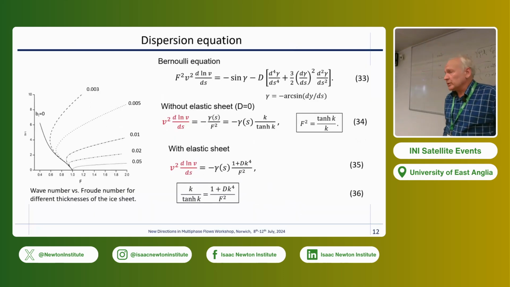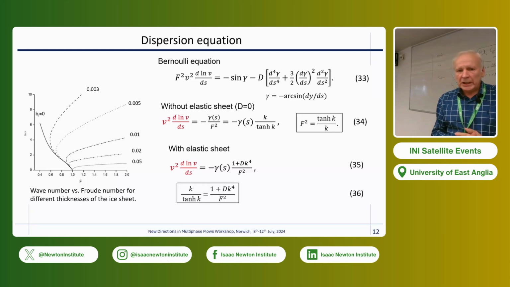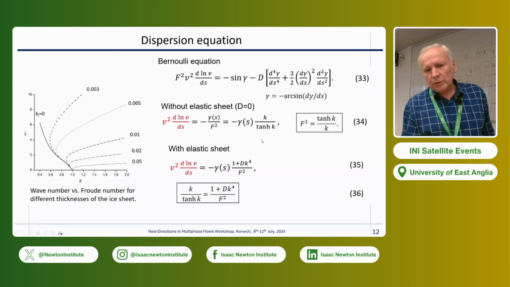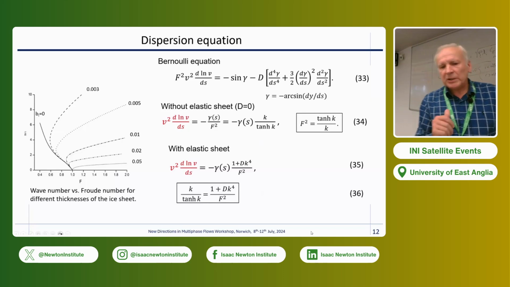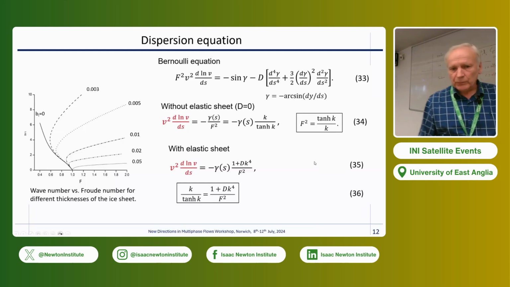Before calculation, we need to determine the range of root number corresponding to subcritical and supercritical flow regimes. Usually the dispersion relation is obtained from the solution of the linear problem, but we can use a trick to obtain the dispersion relation with elastic sheet using the dispersion relation for the free surface flow.